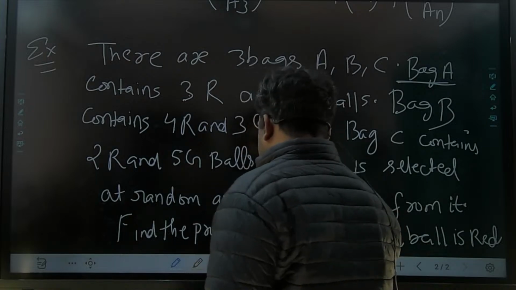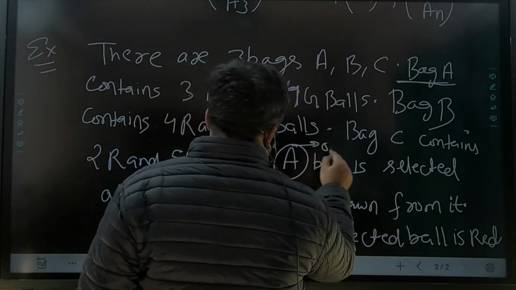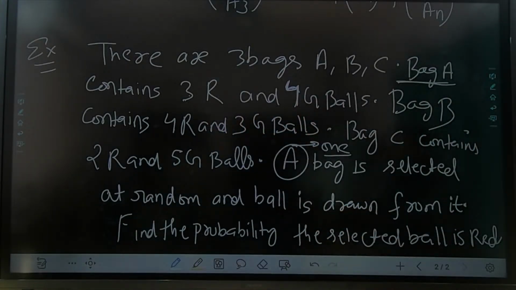This is just talking about one bag being selected at random. That's why it is saying at random you are selecting any one of the bags. So A does not mean a bag, it's just saying one bag. So one bag is selected at random and the ball is drawn from it. Find the probability that the ball will be red.